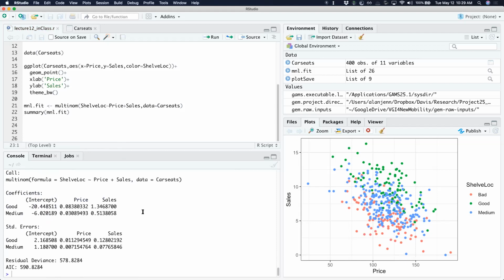Great. Okay, and so when I do a summary of this, we're going to see a set of coefficients. As I was mentioning, you've got a set of betas for your good outcome and your medium outcome, and they're different, right? As I was mentioning in the write-up section of the notes, each outcome is going to have a different set of betas associated with it.